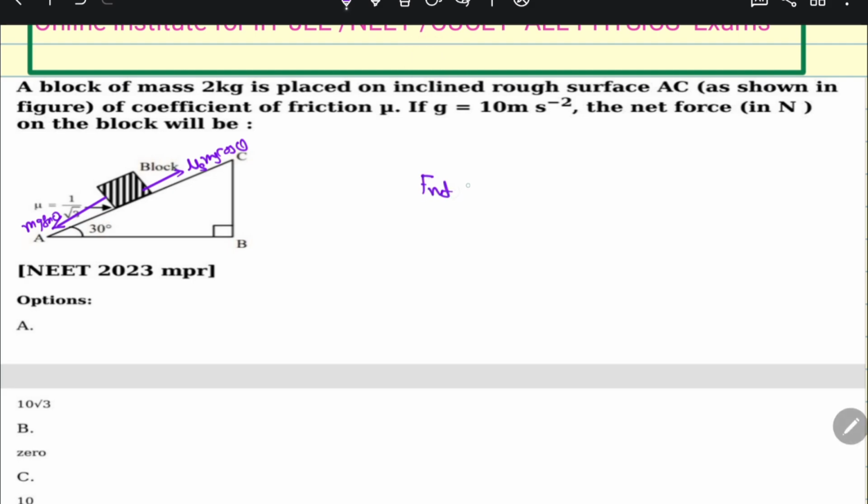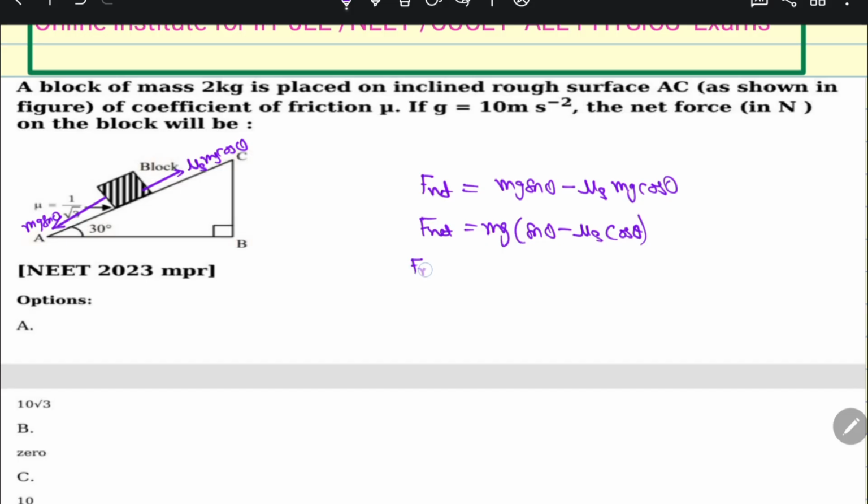Suppose I say net force is basically mg sin theta minus mu s mg cos theta. If I take mg common, then sin theta minus mu s cos theta.